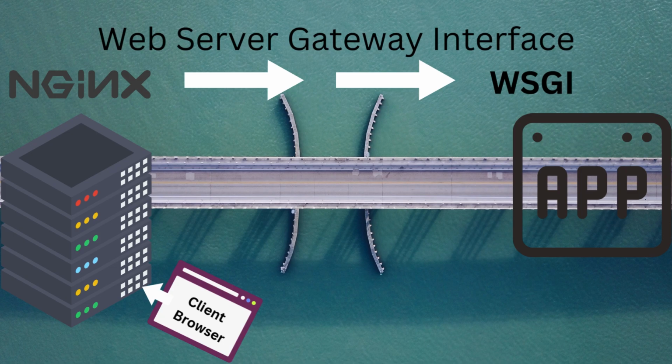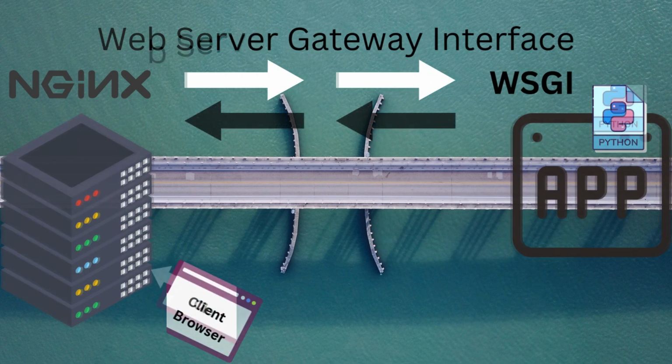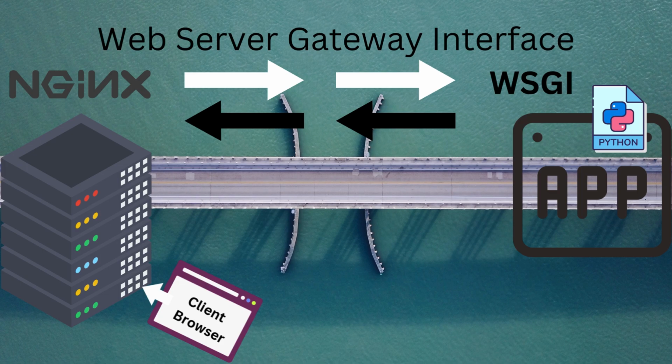That WSGI server now processes the request using maybe Python or whichever server logic programming language we're using, and generates a response. That response is now sent back to our web server, for instance Nginx, and then it's sent back to our client. Again, all of this happening at breakneck speed.